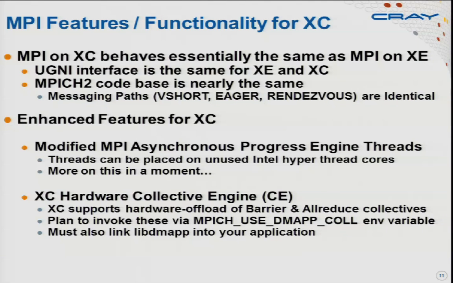Hardware acceleration literally means you're doing the operations in the Aries, and it has only memory for a couple of words. So this is meant to speed up barriers, where you're basically passing around a 64-bit integer, and some of the floating point collectives where you're doing one or two words and it's acting like a barrier, but not larger than that.